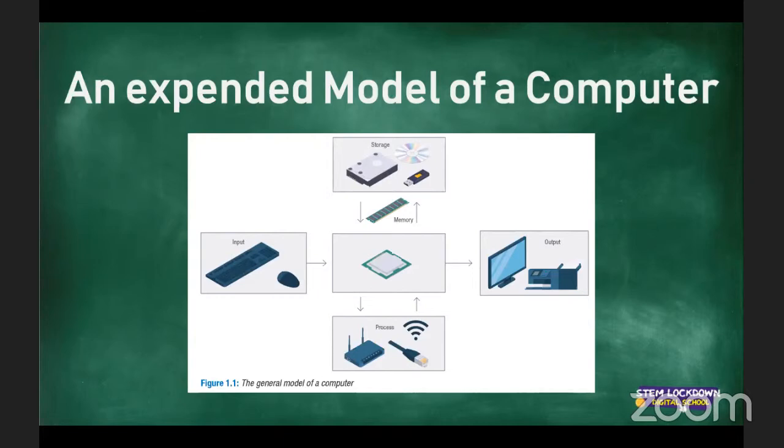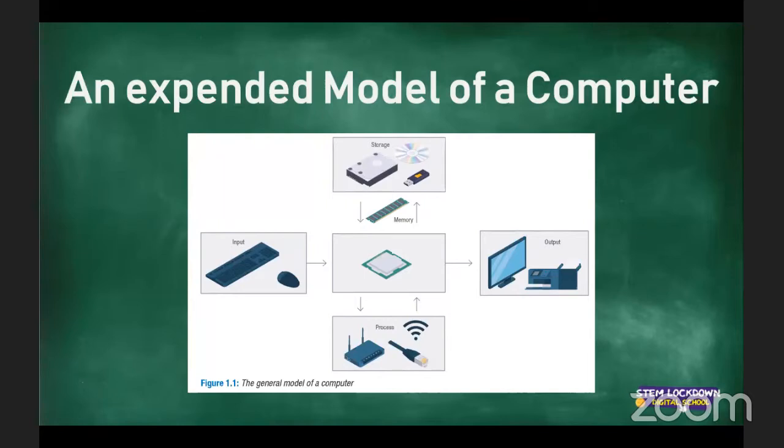Different hardware devices form the input, the output, the storage, and the communication components. I want to look at the devices that form this expanded model of the computer. If we look at our input devices over here, these allow us to get information or data into the computer.